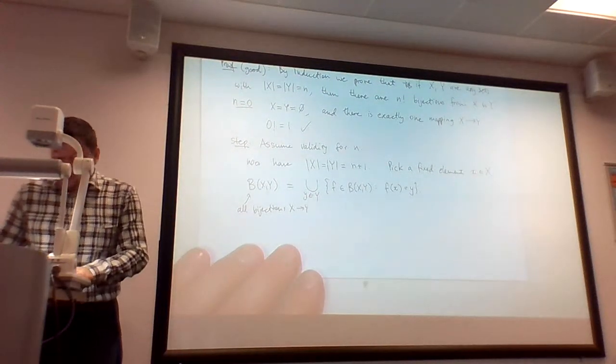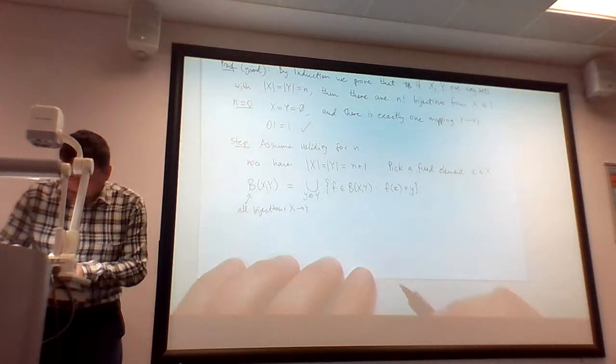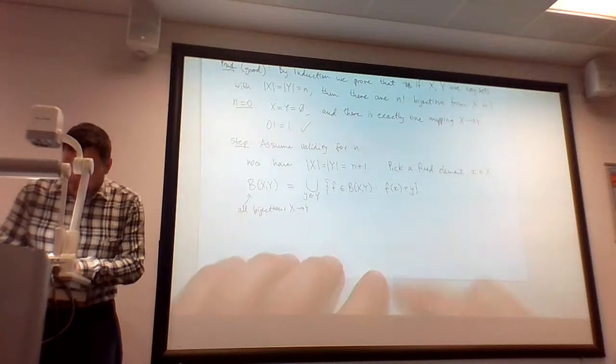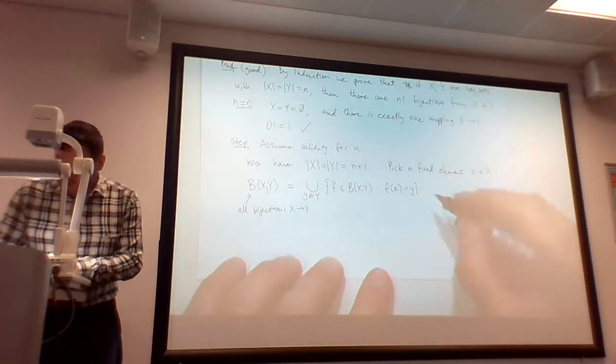Now, what is each of these sets, actually? They're disjoint, it's a partition.